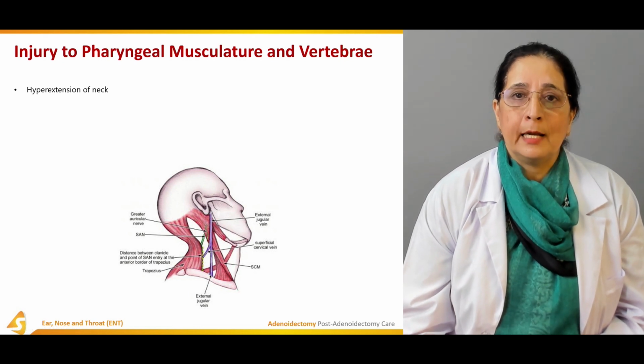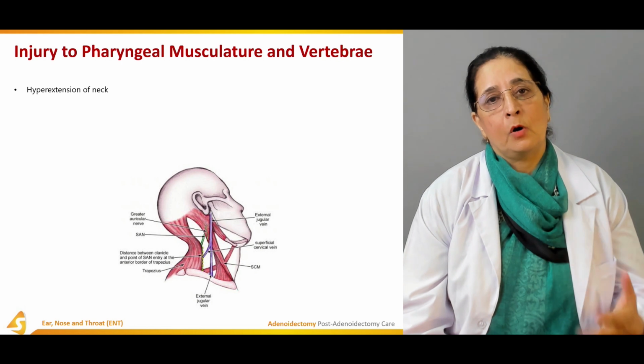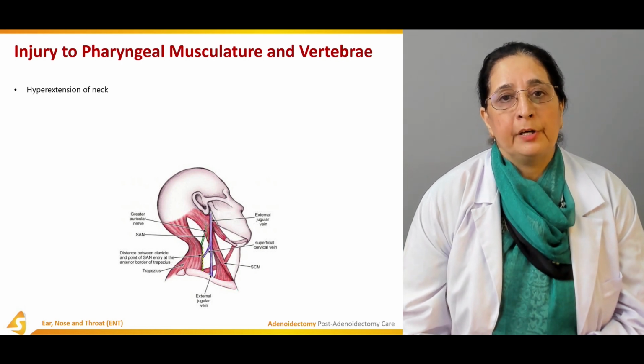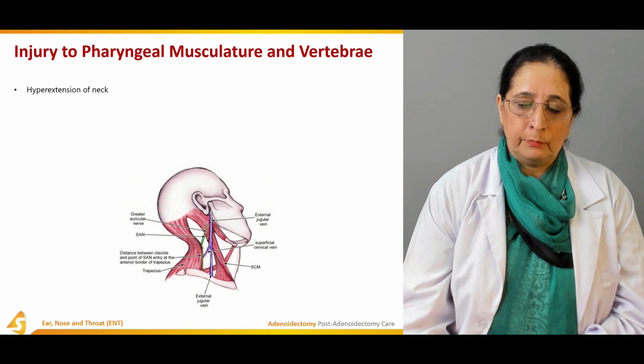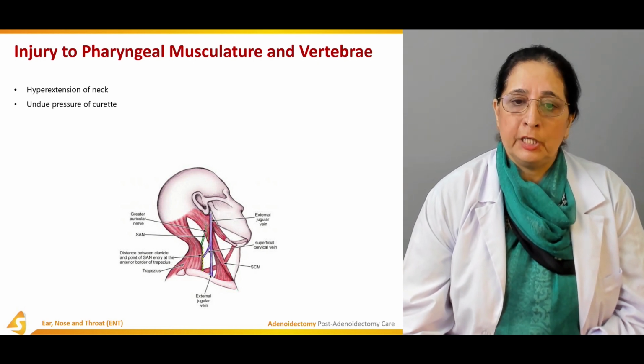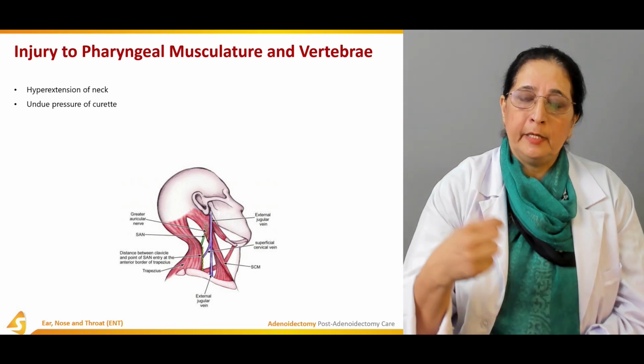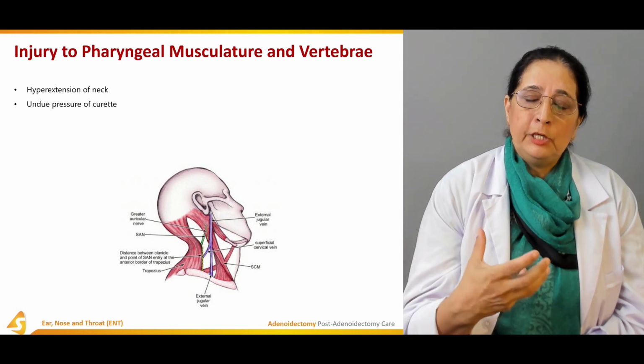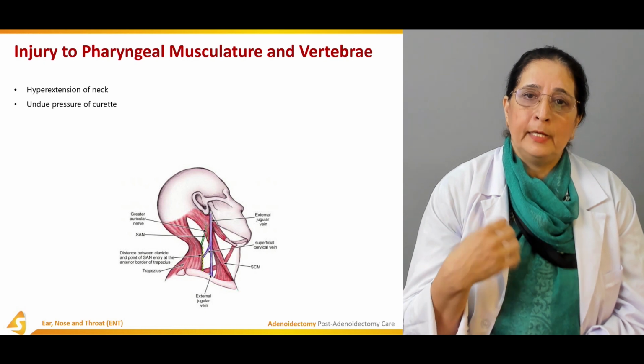Hyperextension of the neck should be avoided. It can cause injury to the pharyngeal musculature and to the vertebrae. Undue pressure of the curette should be avoided during removal of the adenoids. The procedure should be performed very, very softly and gently.